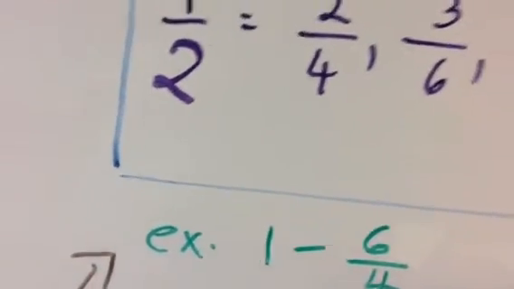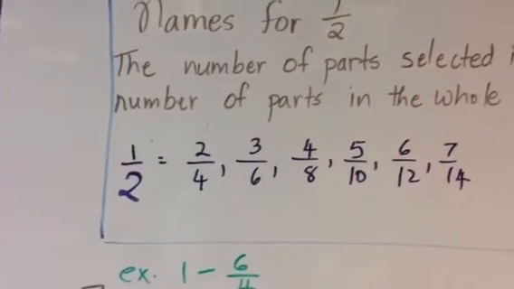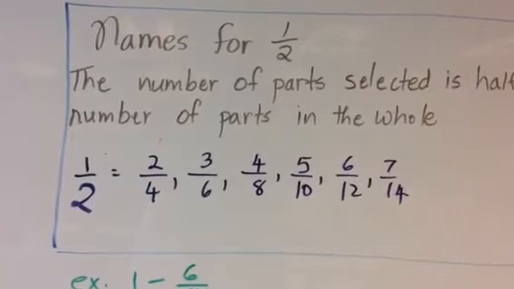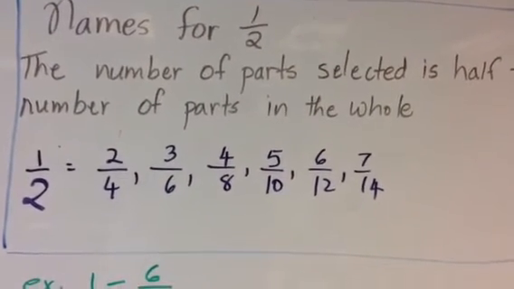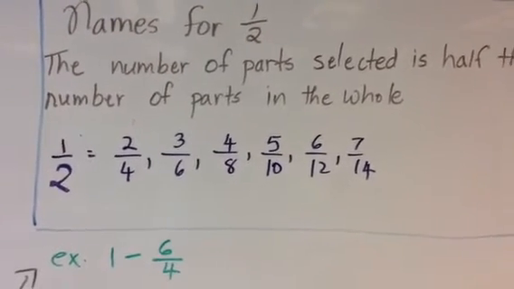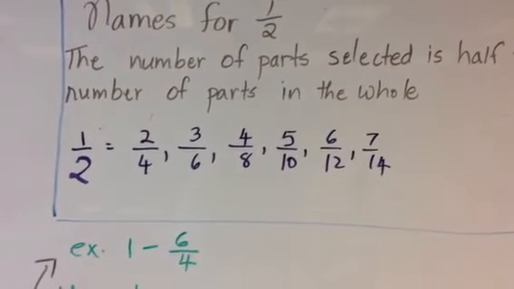Boys and girls, I hope you're understanding. Another way to say one half is 2/4, 3/6, 4/8, 5/10, 6/12, 7/14. That means half of the whole pizza or half of the whole set is missing.